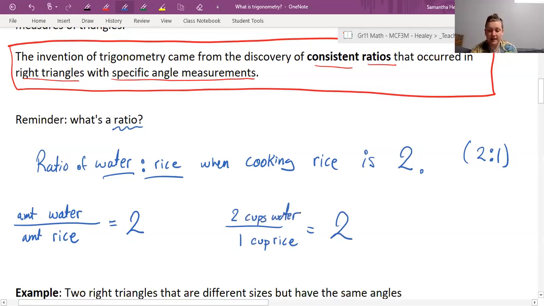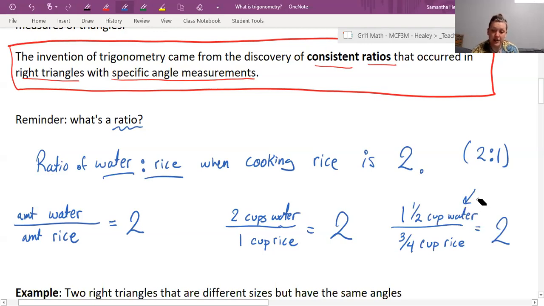But last night, I did not make 1 cup of rice because that's too much rice for me. I made 3/4 of a cup of rice. And I had to figure out, okay, I need this number on the top to be twice as big as that, so that when I divide it, I get 2. So I added 1.5 cups of water.